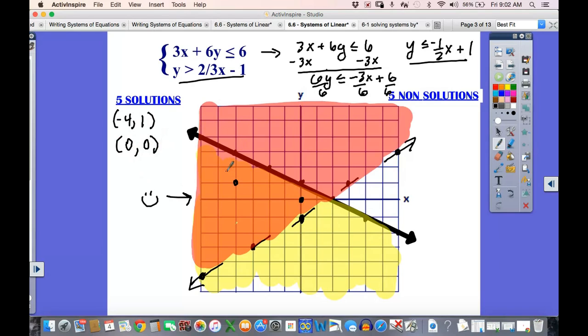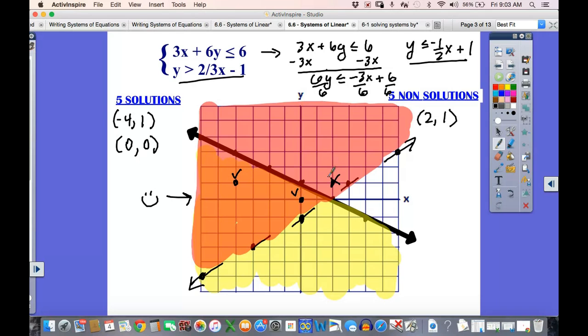You pick 3 more. Non-solutions could be in this region, this region, or this region because it has to be in both shaded regions. So a non-solution could be not on the line right there. You qualify. 2, 1 is a non-solution. Put an X there, doesn't work. Check your work.